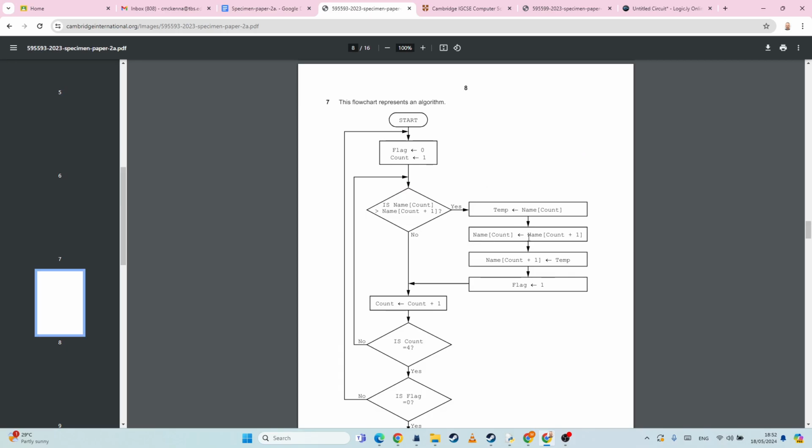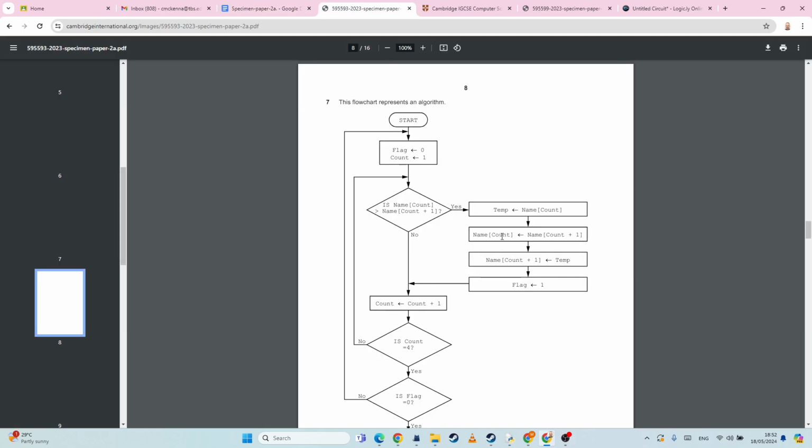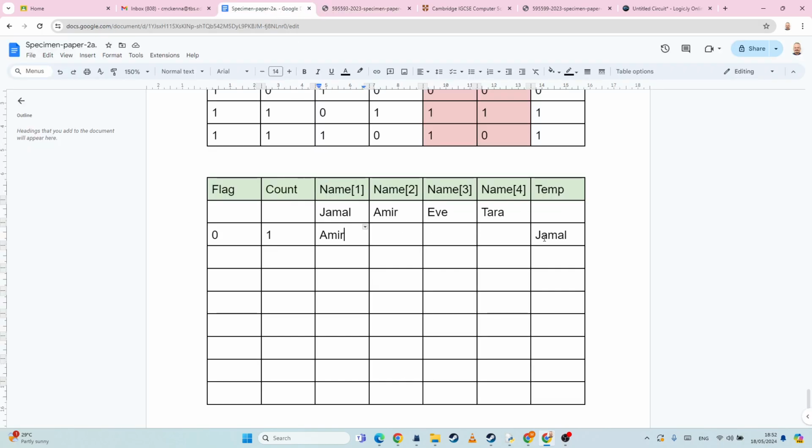Name at count becomes equal to name at count plus 1. So Jamal, or name at count, which is name 1, becomes equal to Amir. Name at count plus 1 becomes equal to the temp. Well, that's going to be Jamal.